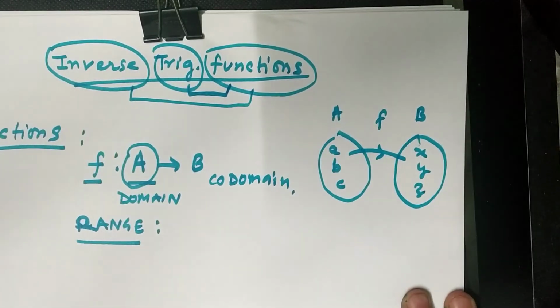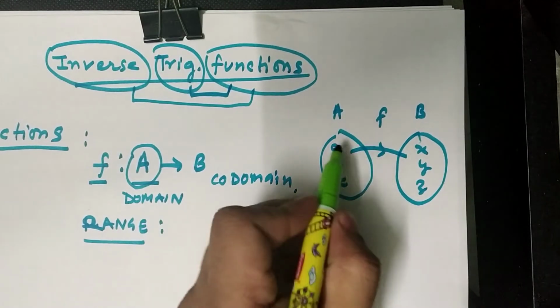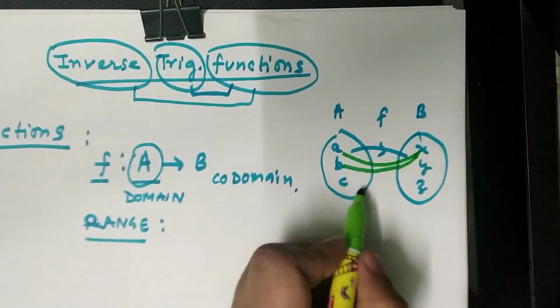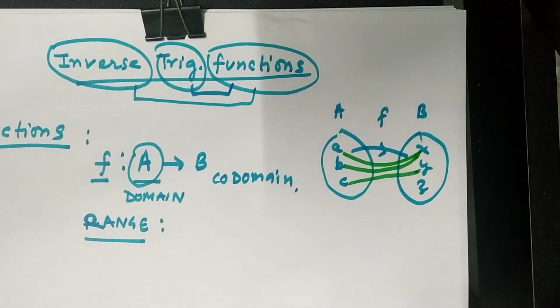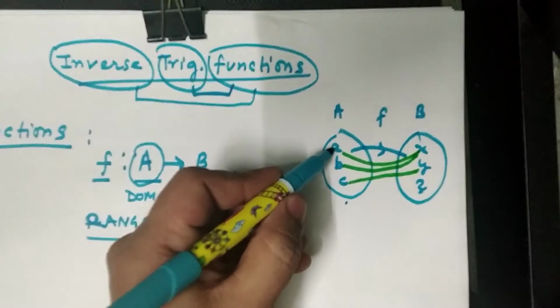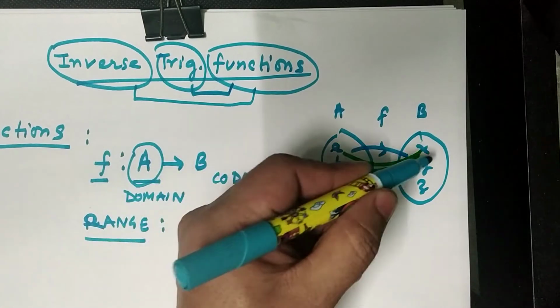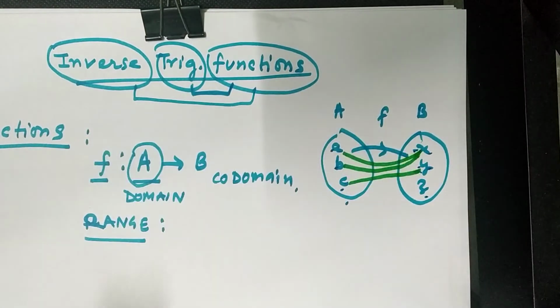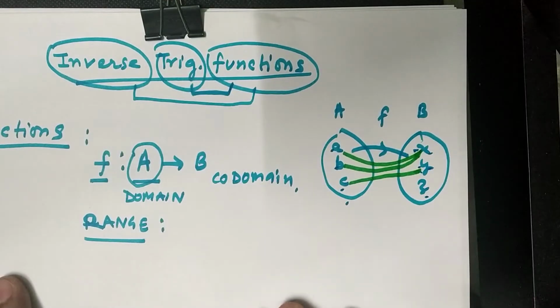Let us say the function takes a to x, b also to x, and c to y. Then the domain for this function consists of elements a, b and c. Codomain is x, y, z, and the range set consists of the 2 elements x and y.